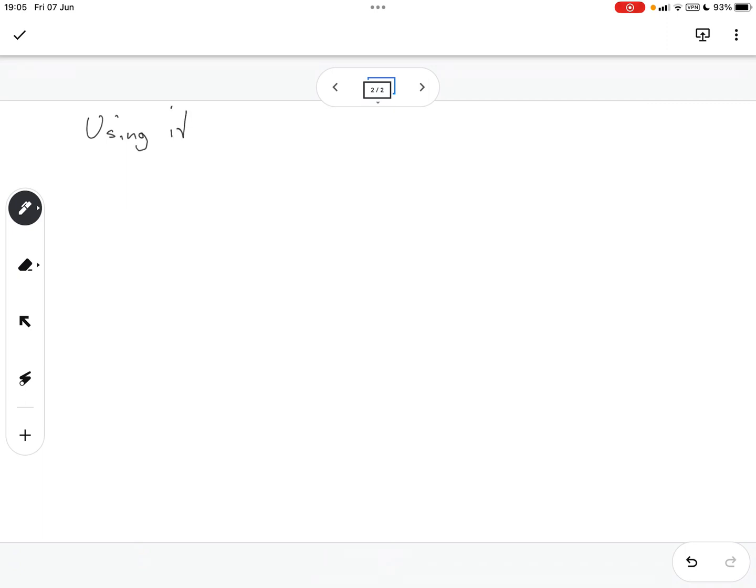Okay, so we're going to use trigonometric identities again to solve, or rather to prove, right? Using identities to prove things.